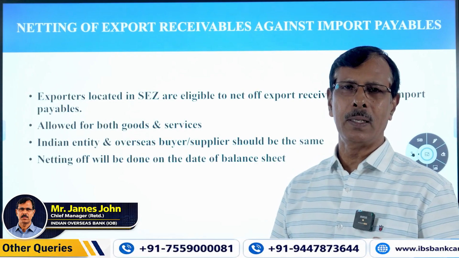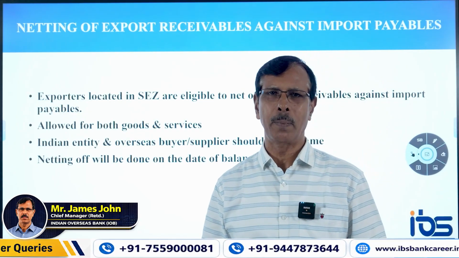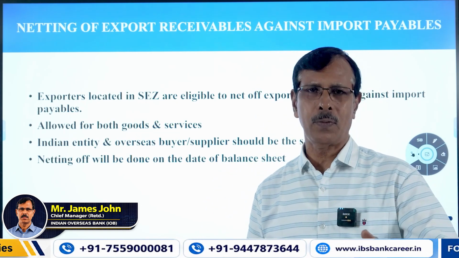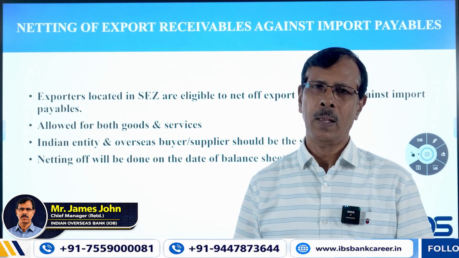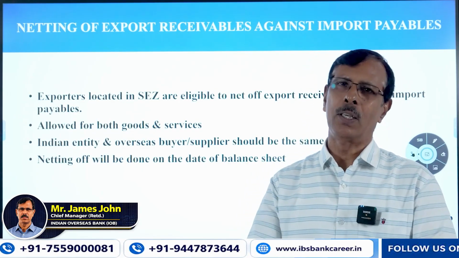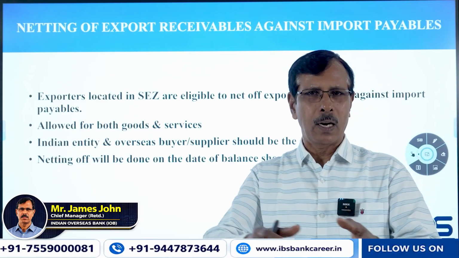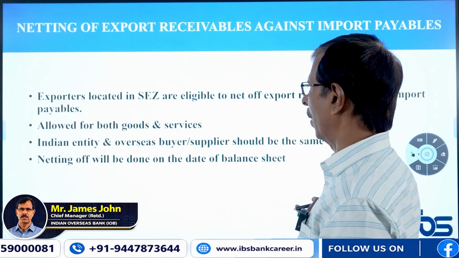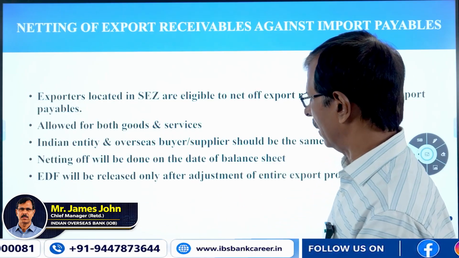Generally, the companies and firms in India publish the balance sheet as of 31st March every year. So as of the balance sheet date, say 31st March 2025, they can do the netting off. How much is receivable and how much is payable, they can net off in the balance sheet. This is applicable only for units located in the SEZ.